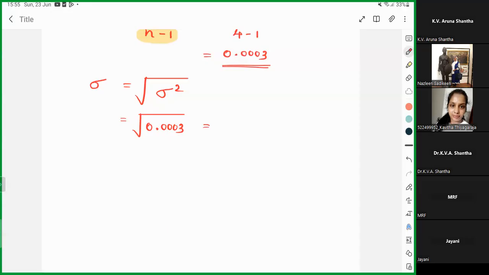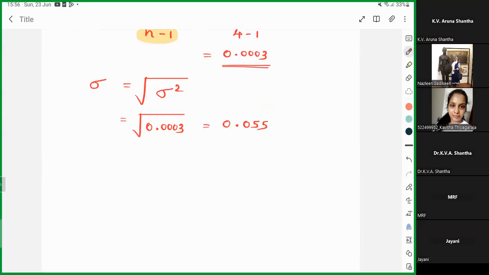No, square root. Square root of the variance value. Have you got the answer?